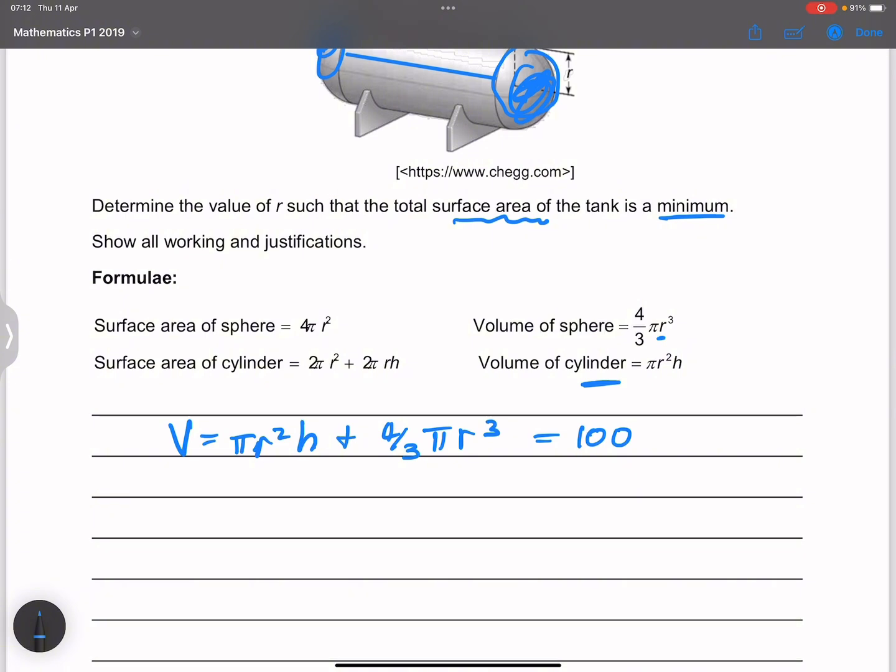So what I'm going to do, because I just want that in terms of r, I'm going to take out h as a common factor. So this is going to be pi r squared h is equal to 1,000 minus 4 over 3 pi r cubed, and I'm going to divide by pi r squared, but what I do on the left I do on the right, so this is over pi r squared.